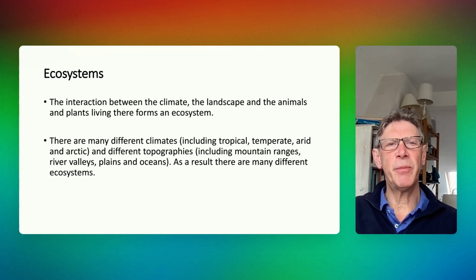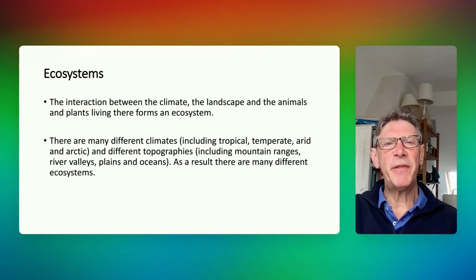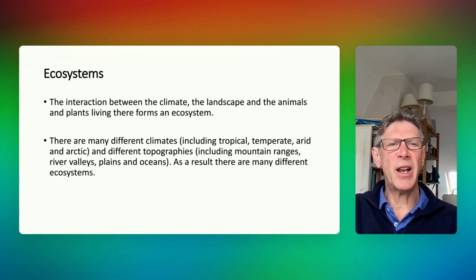Ecosystems. Ecosystems are an area where, depending on the climate, the landscape and the animals and plants living in it, an ecosystem will develop between them that allows them all to live together. There are lots of different climates. There are tropical climates, temperate climates, arid, which means dry climates, and cold, Arctic climates.